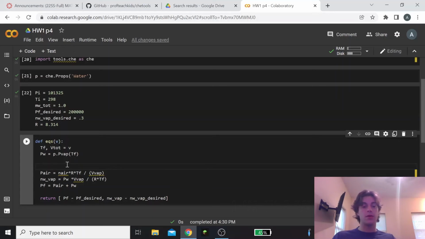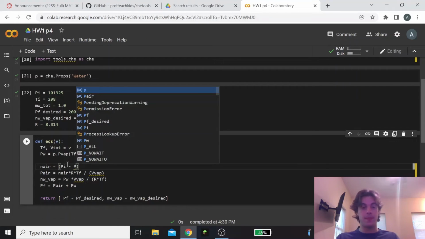So now I'm going to define moles of air. This was our longer relationship that we found. So our moles of air was the pressure that the air exerts. In this case, it'll be our initial pressure minus our pressure of water at our initial temperature. So we can't use the same variable.